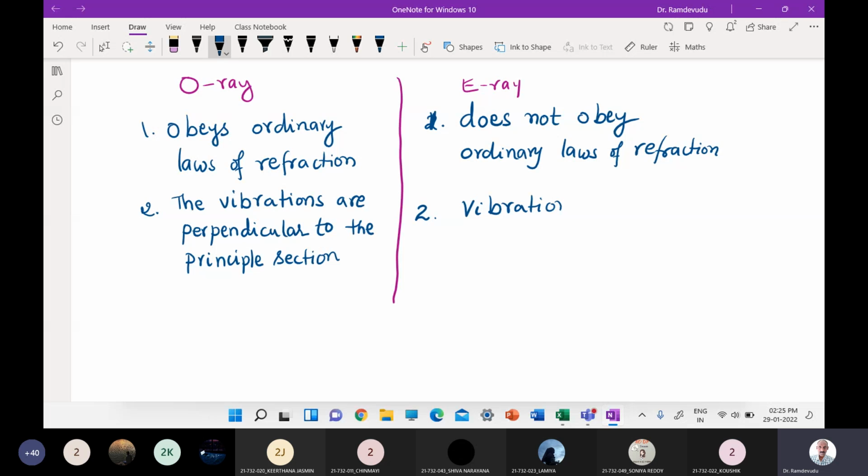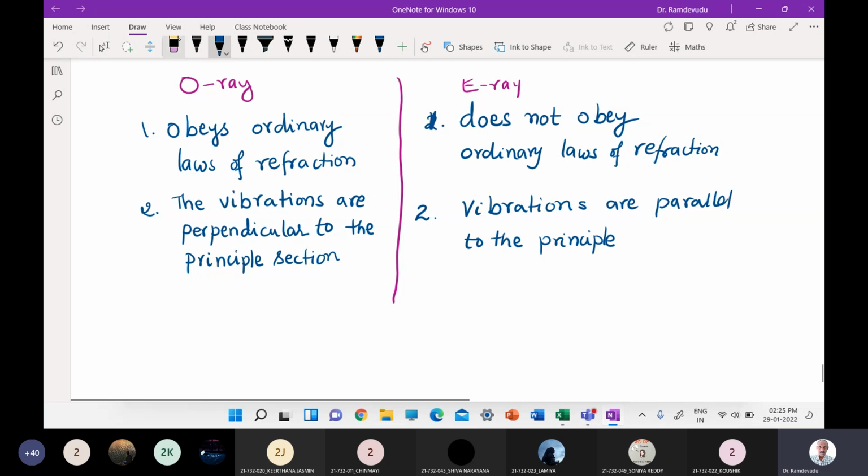Vibrations are parallel to the principal section.